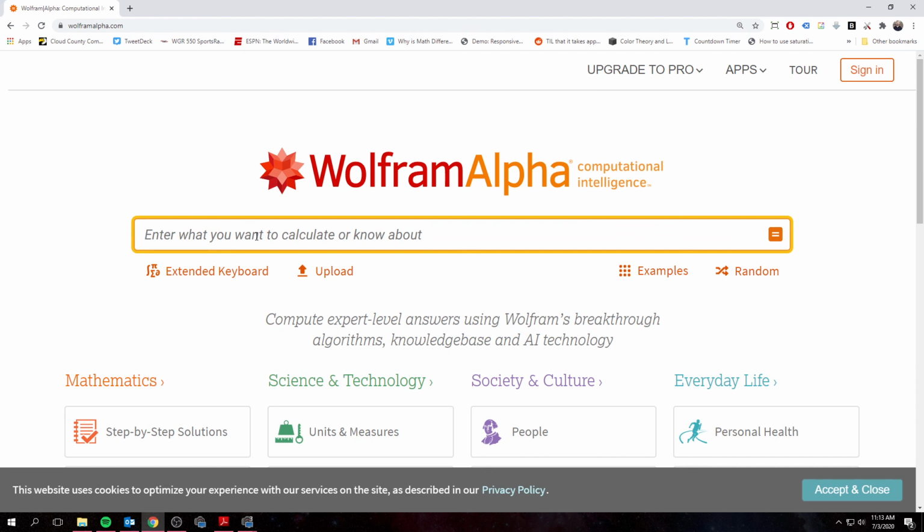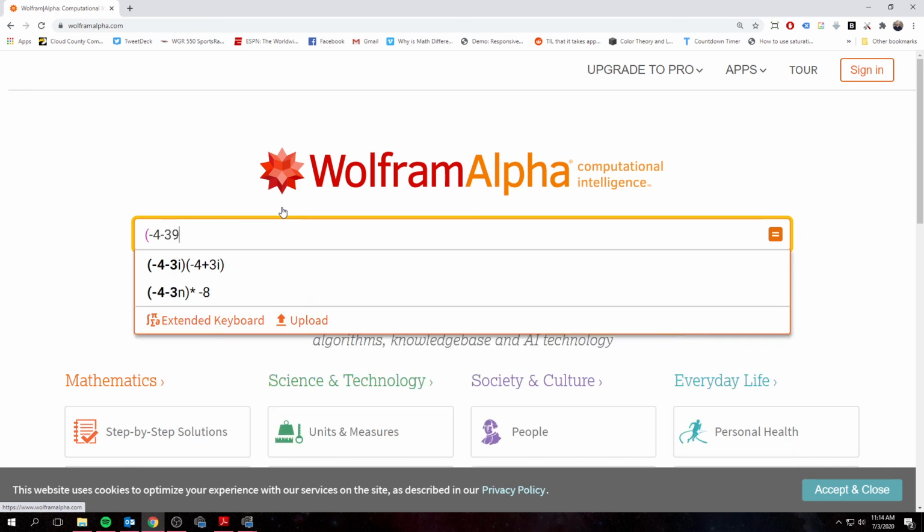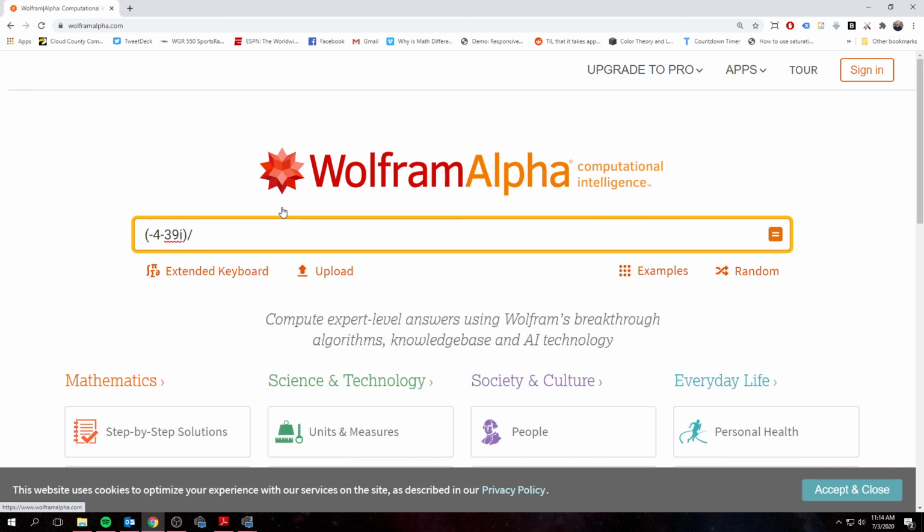wolframalpha.com. You can do a lot of these problems here in Wolfram Alpha. For example, I was going to do a more complicated problem with doing the complex conjugate. There's really no point to it. I'm going to show you how to do it here in Wolfram Alpha. This is actually question 54. And question 54 says to do minus 4 minus 39i divided by 5 minus 2i.